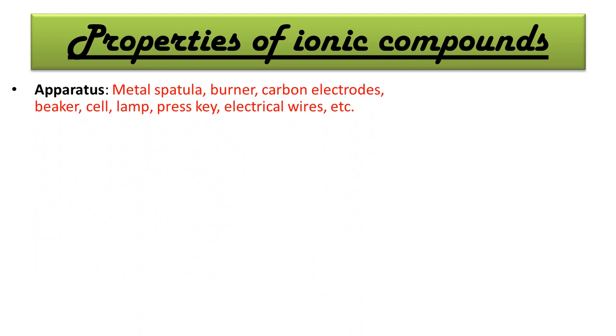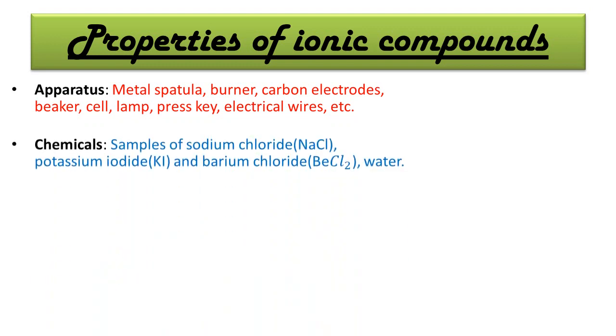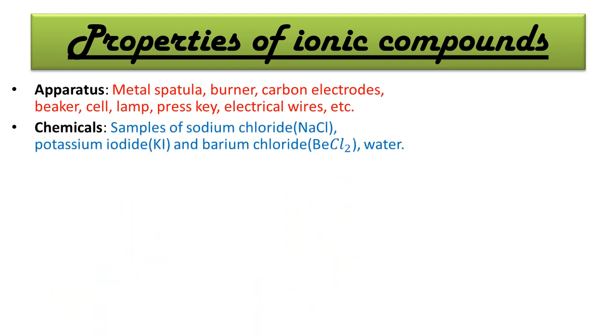First, for the experiment we require apparatus like a metal spatula to hold the salt, a burner, carbon electrodes like graphite, a beaker, cell, and lamp to check the conductivity of the salt solution, a press key or switch, and electrical wire to join the circuit. The chemicals we require are samples of sodium chloride, NaCl, potassium iodide, KI, and barium chloride, BaCl2, and we require water to make the salt solutions.